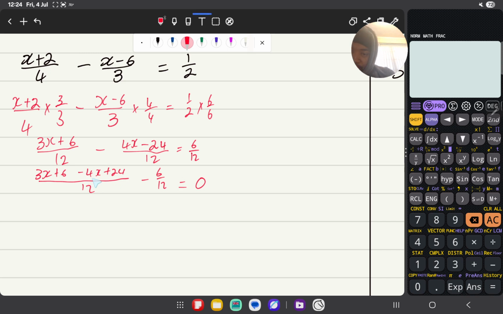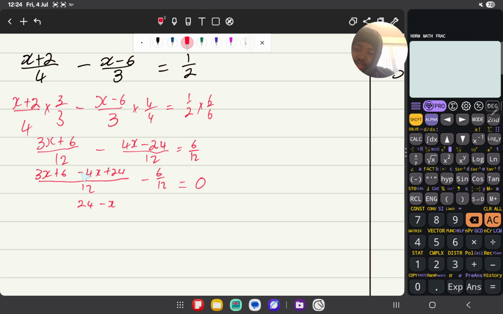So now with the numbers you have 3x and 4x, so you're going to have minus x. Let me start with the numbers because they are positive. 6 minus 6 is 0, and therefore you have 24 minus x.